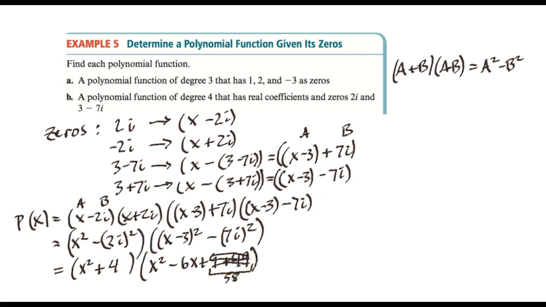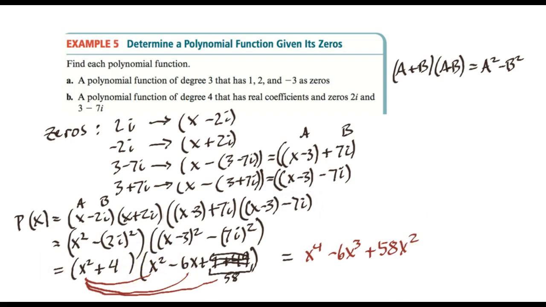Now we want to multiply this out, and you should know how to do that. We'll have x squared times x squared is x to the 4th. X squared times negative 6x is negative 6x cubed. X squared times 58 is plus 58x squared.